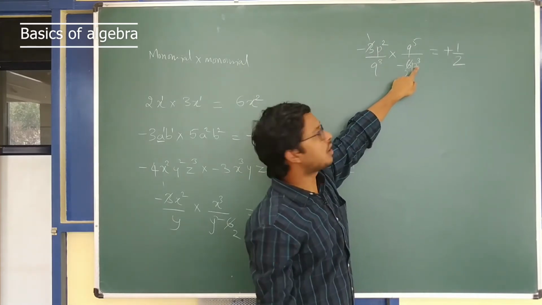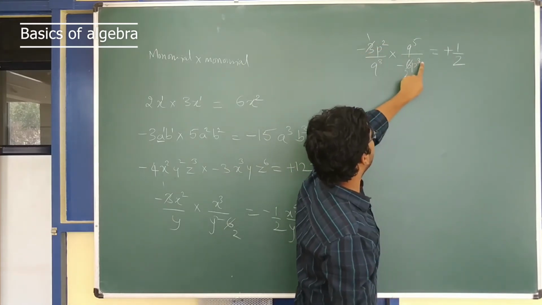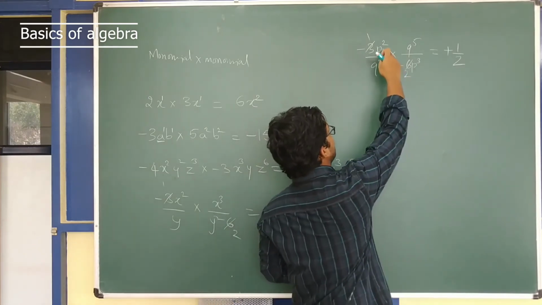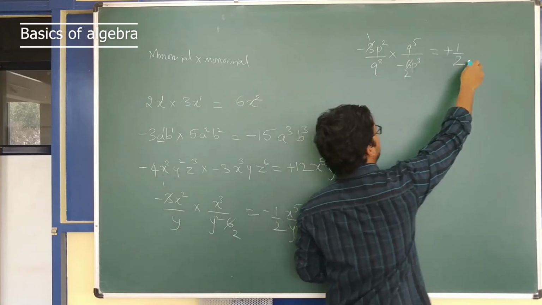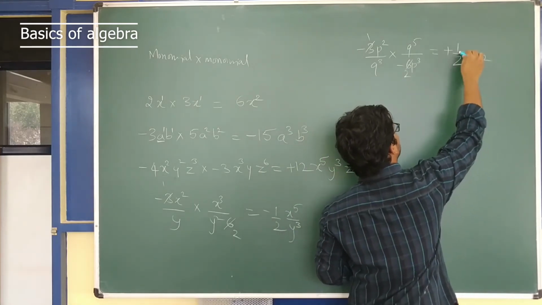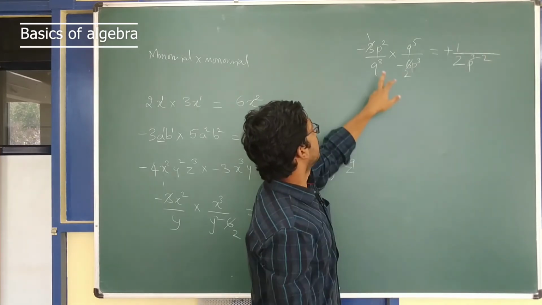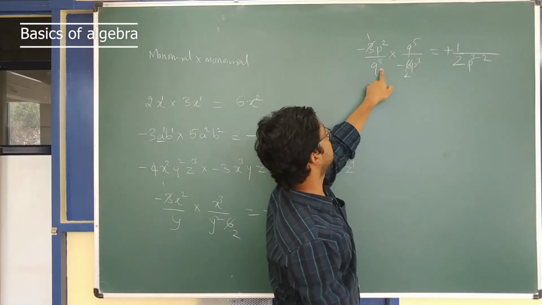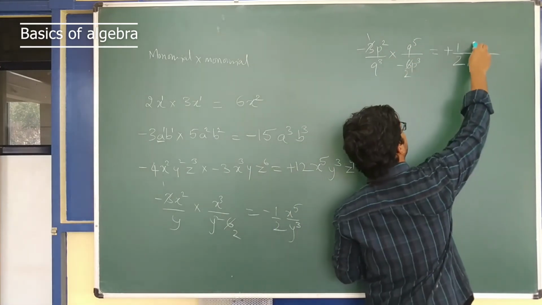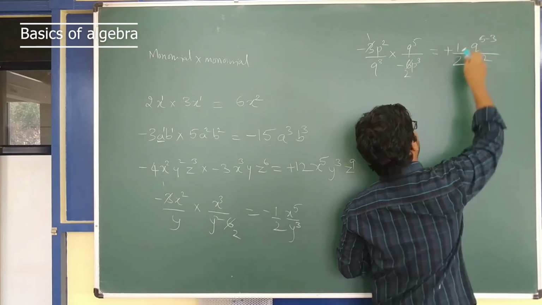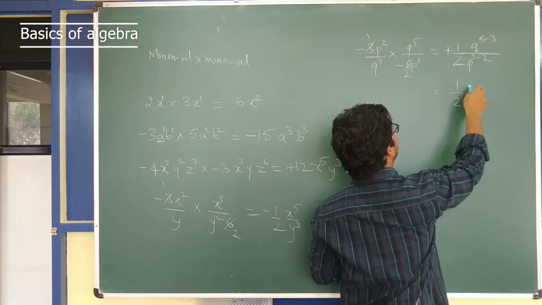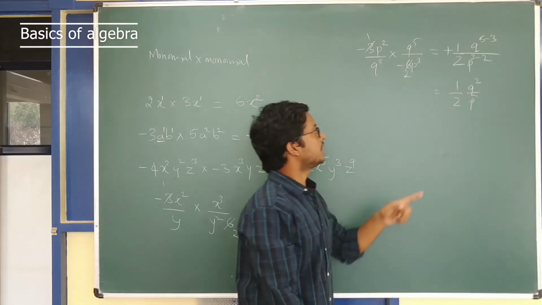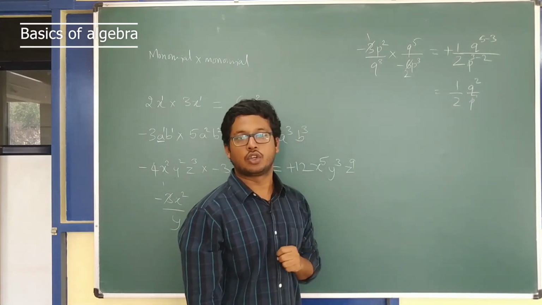By division law, you have to get 2 below with the laws of exponents. Now it becomes p raised to 3 minus 2 in the denominator. And this is q cube and it is q raised to 5. Since 5 is greater than 3, we get 3 above, and that becomes q raised to 5 minus 3. So essentially it becomes 1 by 2 q square divided by p raised to 1. So it is q square divided by 2p.